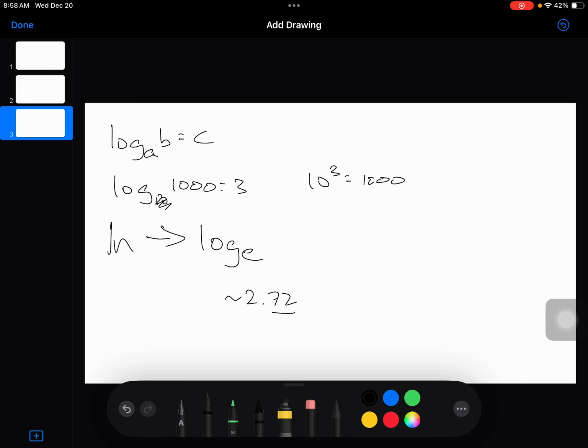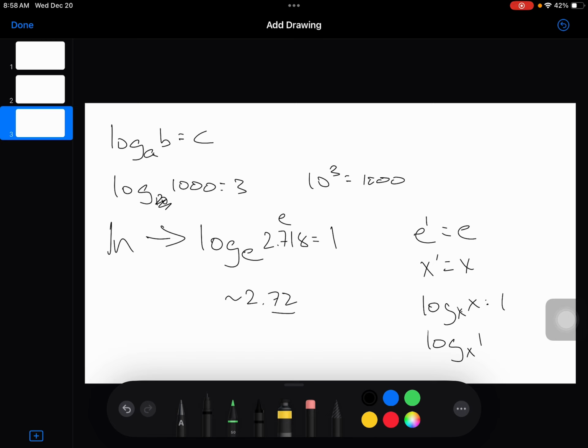And so what we got here is log base e. And a moment ago, you said log base e of like 2.718. Well, this is also e. E to the first is equal to e, just like x to the first is equal to x. So log base x of x is equal to 1.